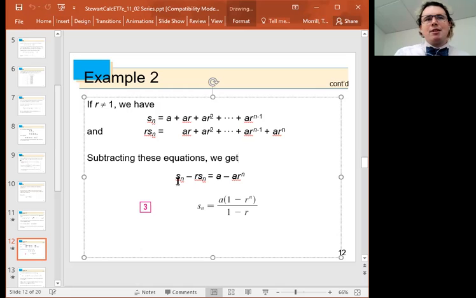That's telling me that this difference, Sn minus R times Sn, is equal to A minus A times R to the power n. So let's solve for Sn here. Sn's got to be A times (1 minus R to the power n) divided by (1 minus R). Oh, so this formula tells us what is the partial sum we would have at every step along the way as we calculate this limit.